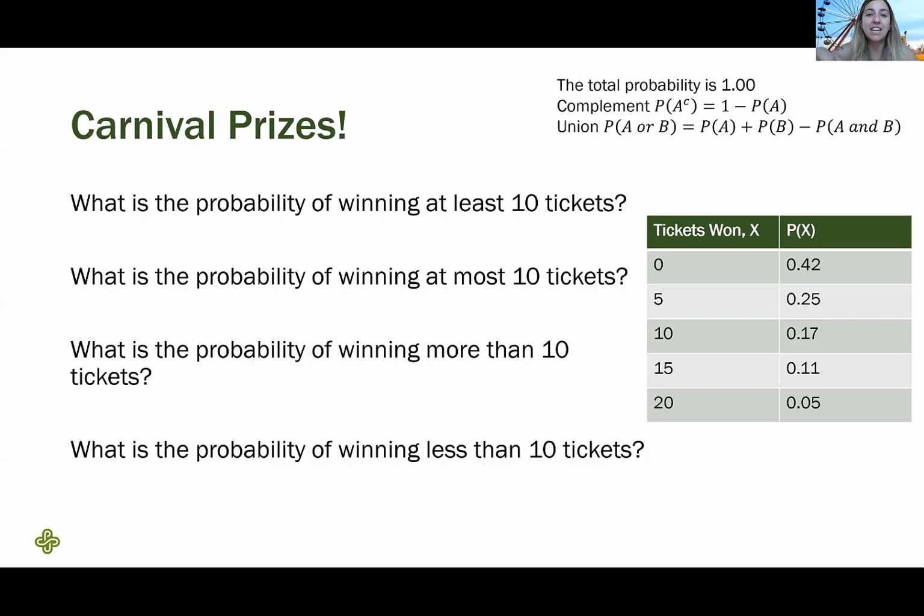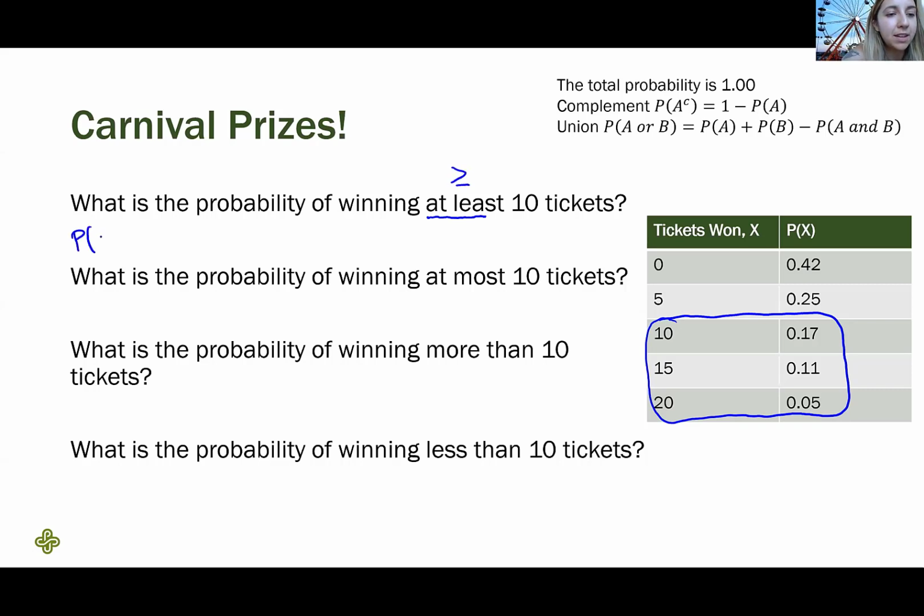The first one is the probability of winning at least 10 tickets. At least 10. The least you can get is 10. So 10 or more. In mathematical notation, at least would be greater than or equal to.